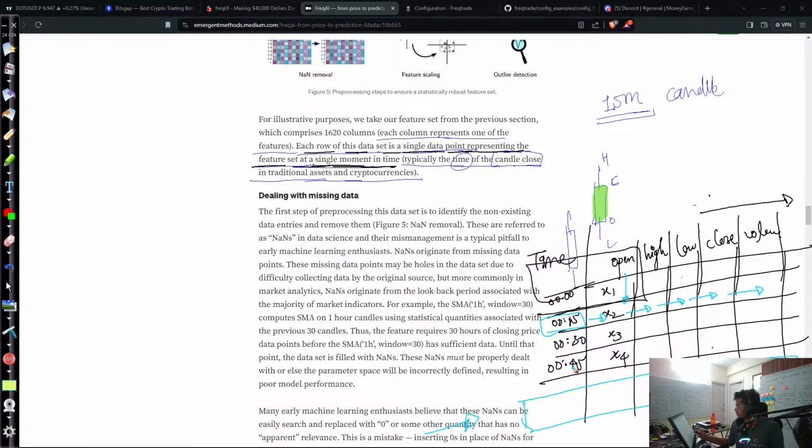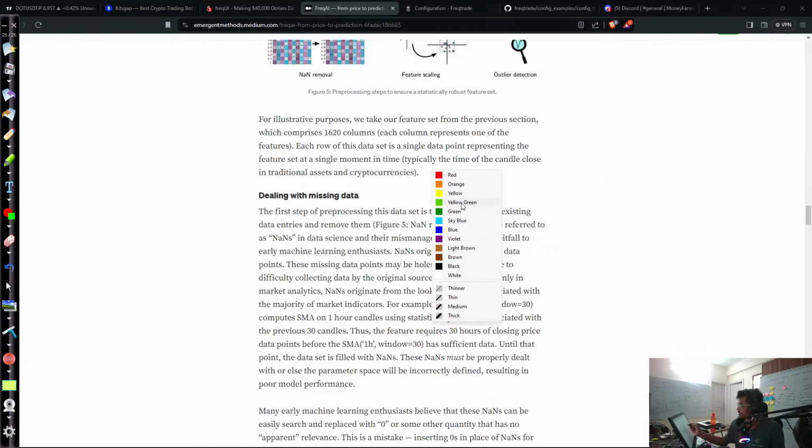Suppose I want to make a prediction for the next 1 hour. Now I have to pass all this data back, and it will make a prediction involving all those data. This is actually what they mean by that.